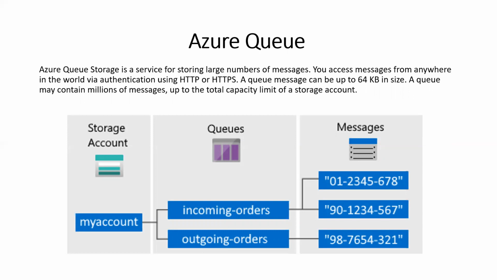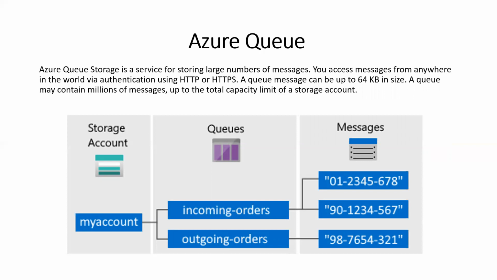So for example, if the limit of your storage is 2 GB, then you will be able to store the messages up to that capacity only. So this is used for applications where you have to take orders, or you need to give outgoing orders and incoming orders in the queue. So Azure Queue is used to store large number of messages for your application.